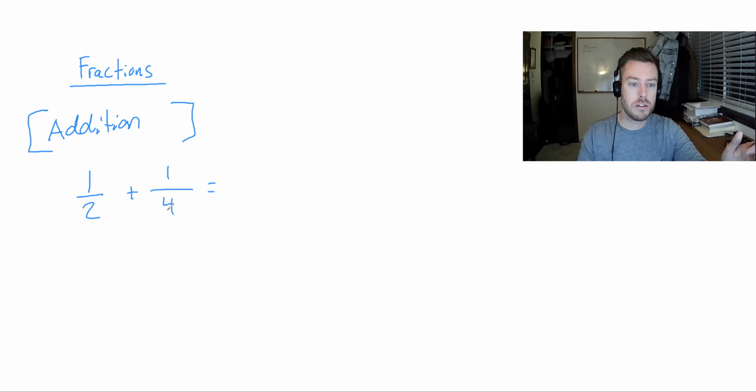What you do is you multiply one or both of the fractions by another fraction in order to make them have the same denominator. So in this case, let me write this out, and I'll write this one in purple. We have a 2 here. It'd be easier to make this 2 into a 4 instead of a 4 into a 2.